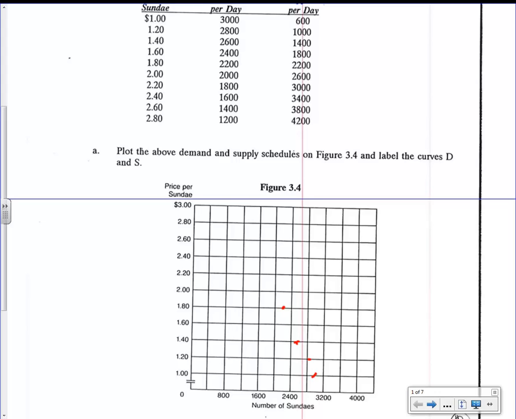Then I'm going to go on up to $2.40, and we have 1,600. At $2.60, we have 1,400. And then at $2.80, we have 1,200.